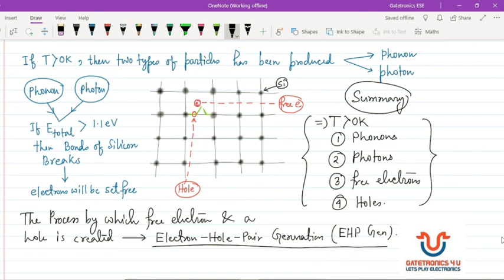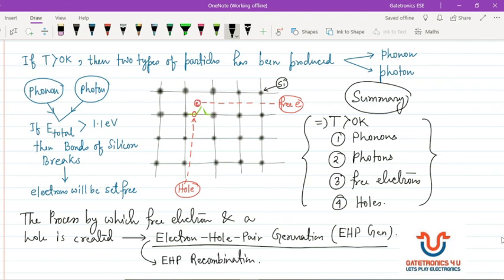That means for EHP generation there must be a reverse process taking place inside the semiconductor, which will keep the concentration of electrons, holes, photons and phonons constant. And the reverse process of electron hole pair generation is EHP recombination.